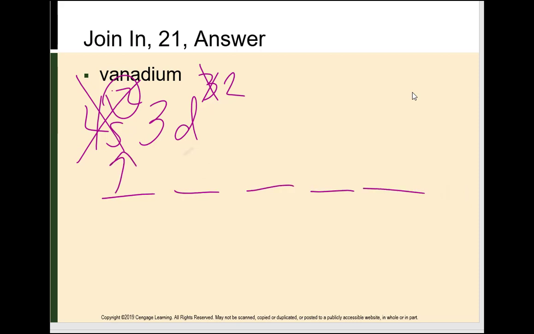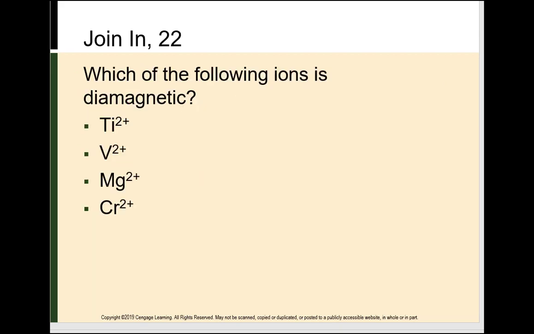So then I would have 2 electrons in my 3d orbital, giving me 2 unpaired electrons.